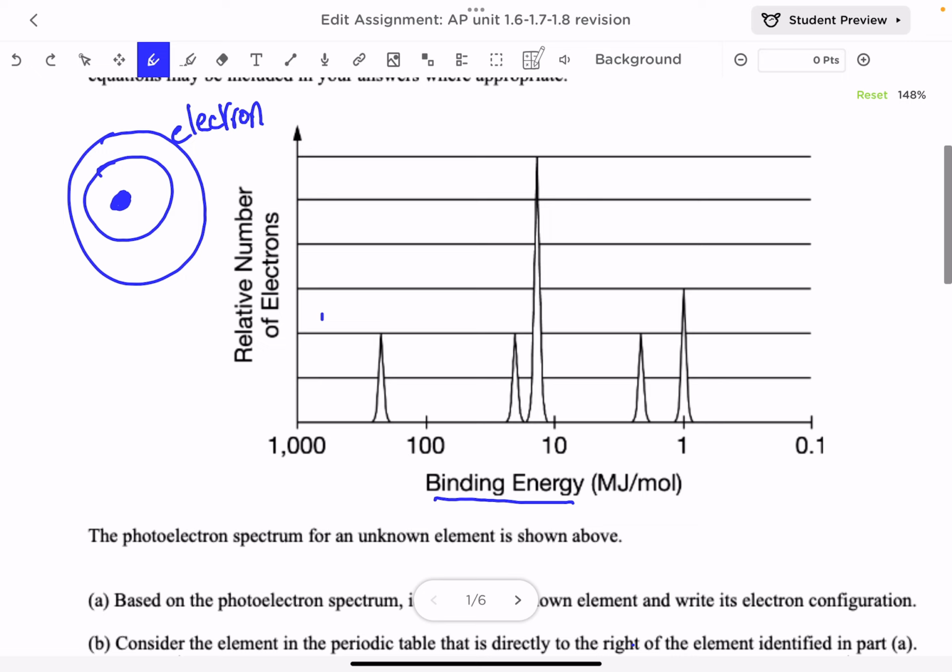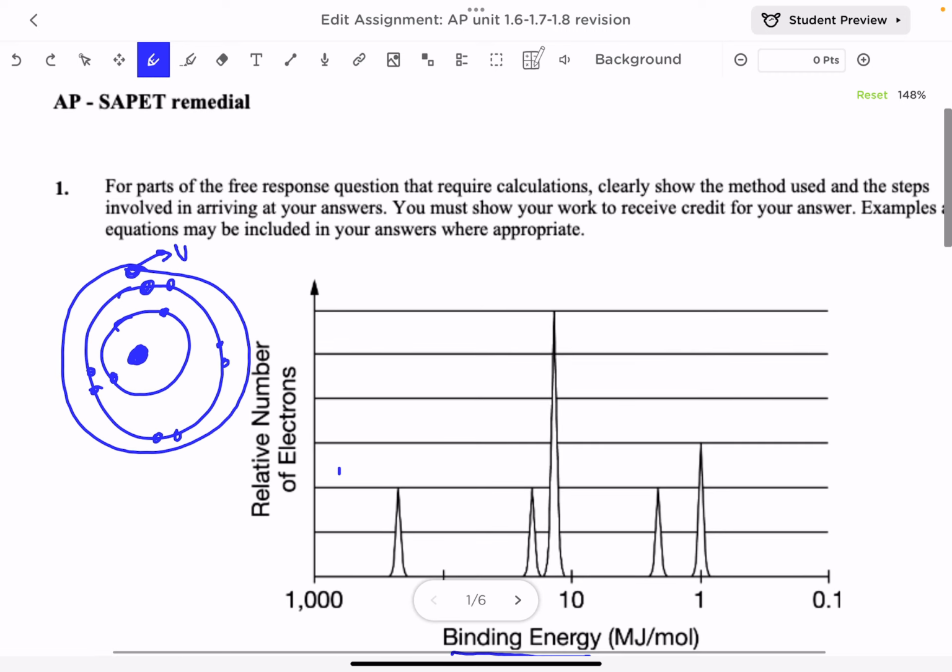Now this electron is affected by the attractive pull coming from the nucleus. The electrons that are close to the nucleus are called the inner electrons, whereas the electrons on the outermost energy level are called valence electrons. So for example, this is the last energy level.